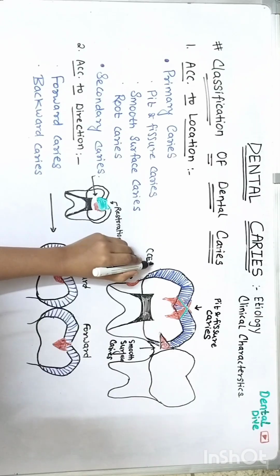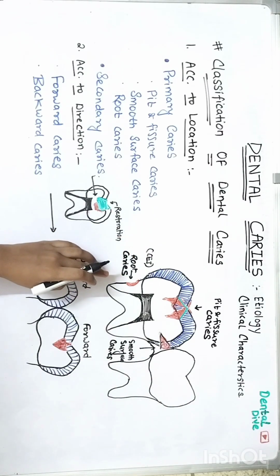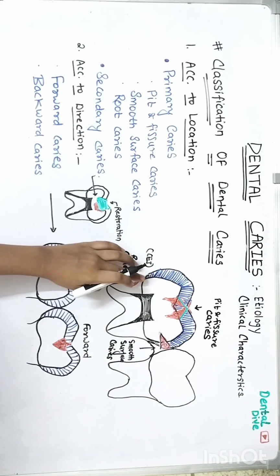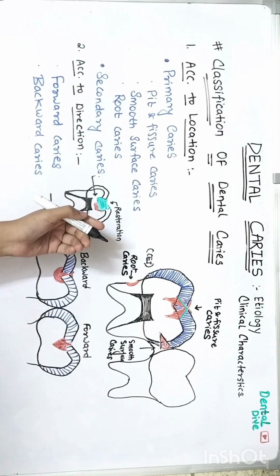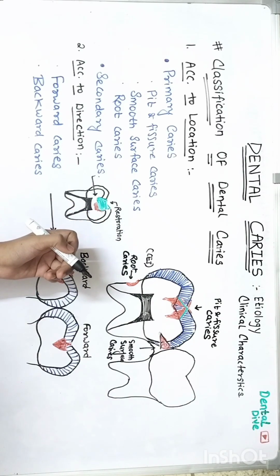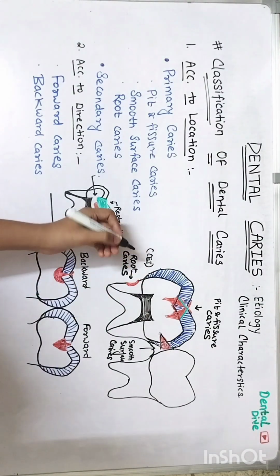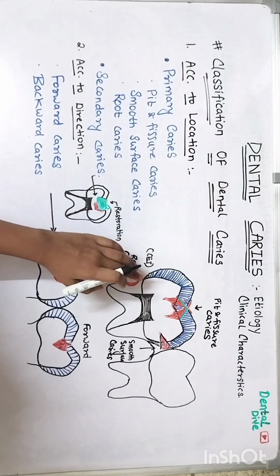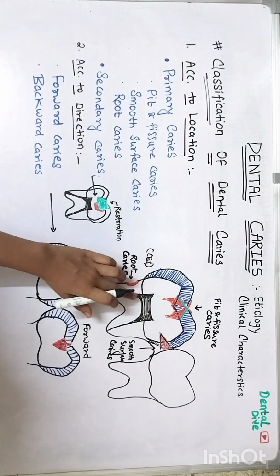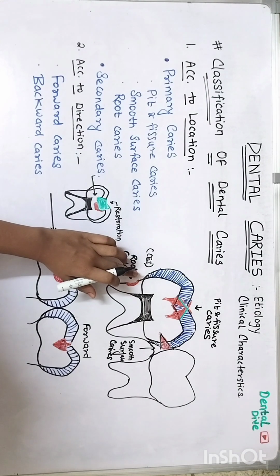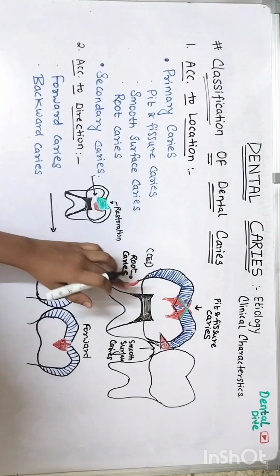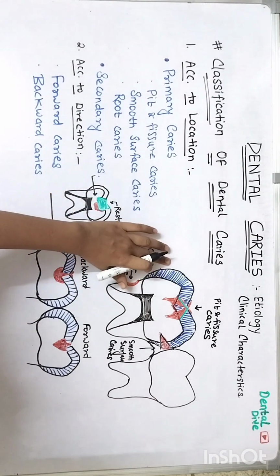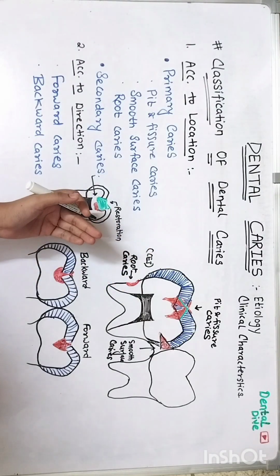The root caries are more prone in this area because it is unaffected by oral hygiene procedures such as brushing and flossing. In addition, when the cementum is exposed to the oral environment, such as in gingival recession, it is more prone to dental caries because cementum is less resistant than enamel.